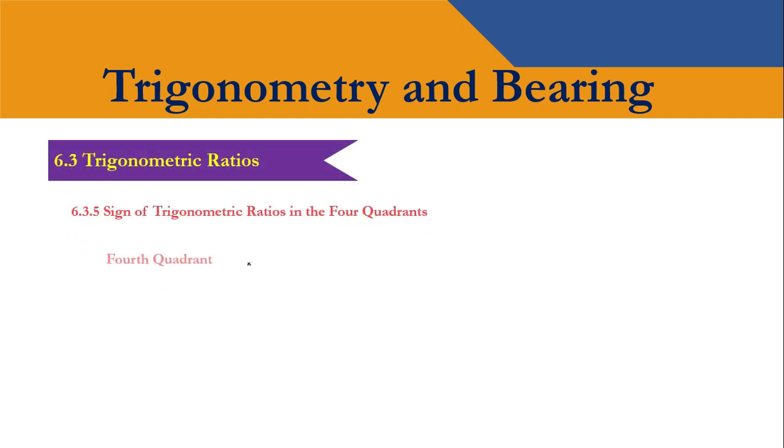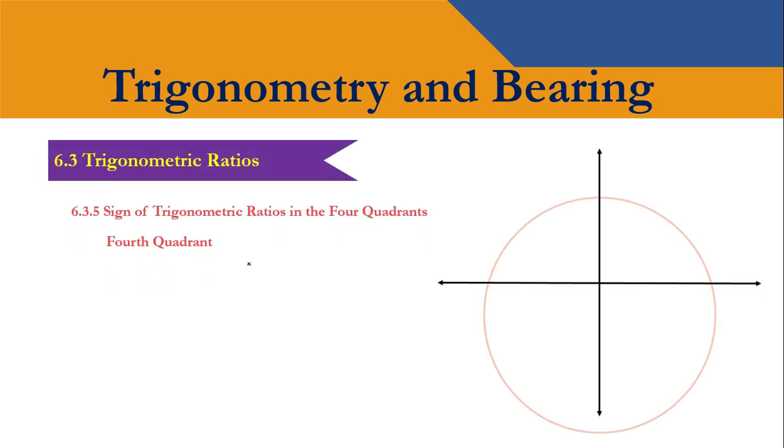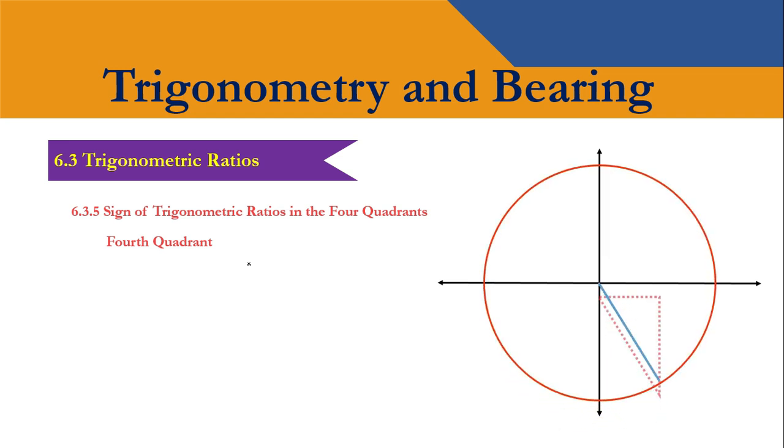So now the last quadrant, the fourth quadrant. In the fourth quadrant, you know that y is negative but x is positive. So here cos theta is positive, sine theta will be negative, and tan theta will be negative, because it is the ratio of y over x.